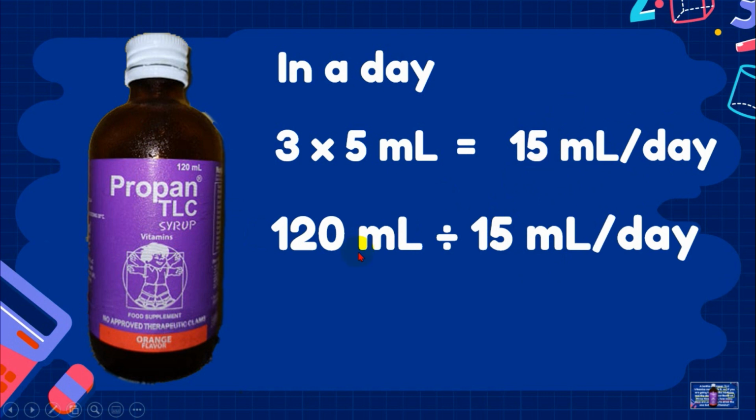Bakit tayo magdi-divide? Kasi aalamin natin kung ilang araw lang siya pwedeng maubos. Di ba kasi sa isang araw, 15 ml yun, di ba? 15 ml. Ngayon, ilang araw mauubos yun. So, kaya tayo magdi-divide. Okay?